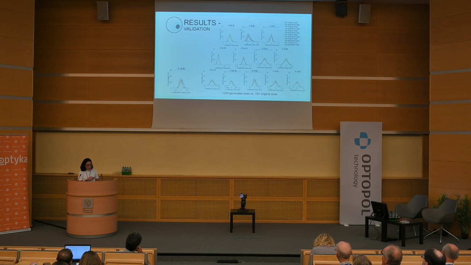This also happened for spherical aberration. As we know, the spherical aberration shifts to negative when the eye is accommodating, and with the generated eyes the distributions were similar.